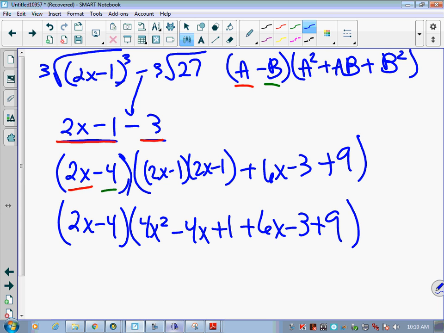And then you go through and you simplify by combining like terms. So they get the 4x squared, but instead of what we got, you're getting negative 4x plus 6x, which is positive 2x, and then positive 1 minus 3 plus 9. Well, 1 plus 9 is 10. 10 minus 3 is 7.